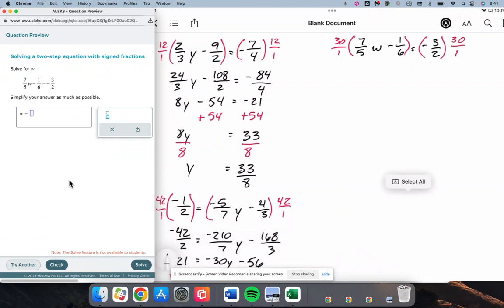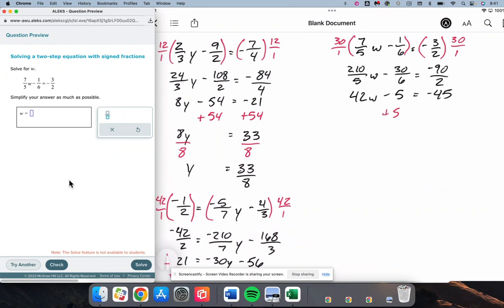So 30 times 7 is 210 over 5 w minus 30 over 6 is equal to negative 90 over 2. All right, and so here we have 42w minus 5 is equal to negative 45. And so we're subtracting 5.